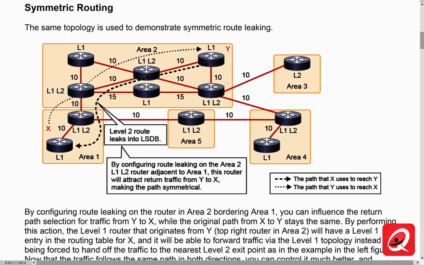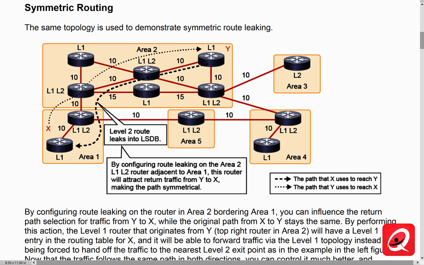Okay. Now, using the same topology, if we were to do symmetric routing by injecting route leaking on the router in area 2 that borders area 1, we can essentially influence that return path for the selection of traffic from router Y to router X. Because in that particular case, we do have knowledge of that destination.